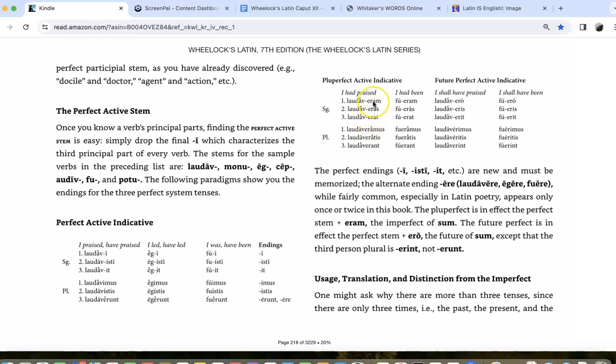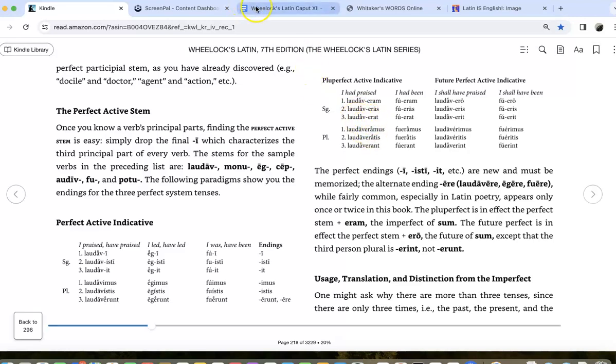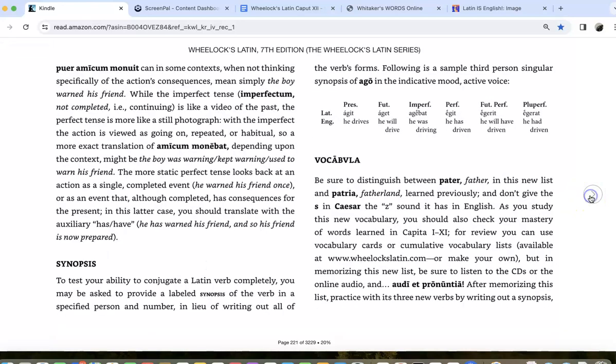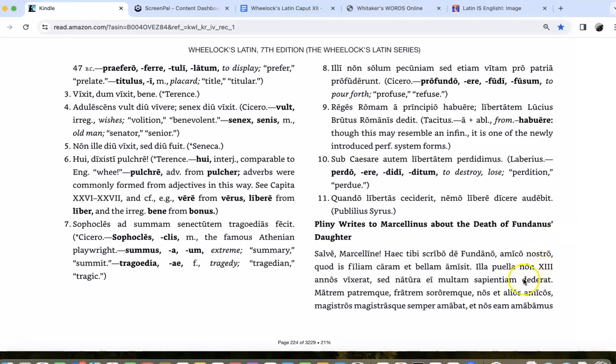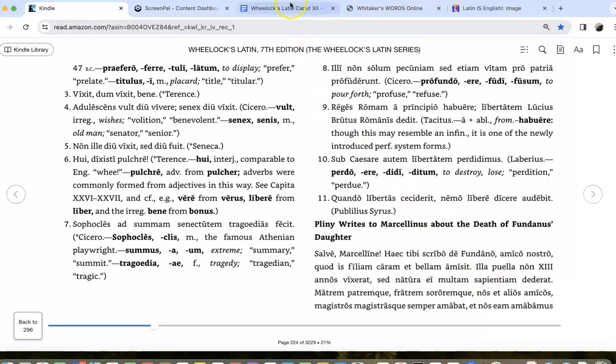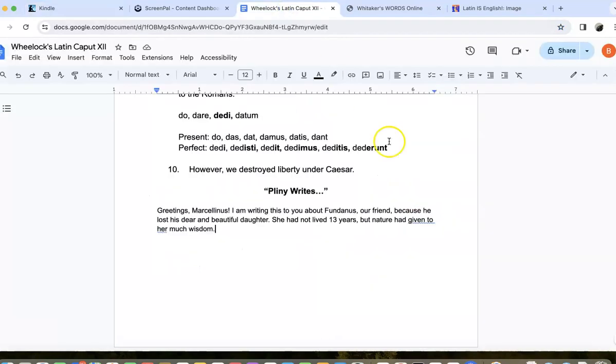So this is I had praised. In fact, I'll give you some translation right up here. You had praised, she had praised, and so forth. So if we look at this example, we need to be mindful of this tense, otherwise it would be wrong in our translation. Namely, nature, that's our subject, had given to her much wisdom. I guess they want us to say had given her much wisdom. That's fine.